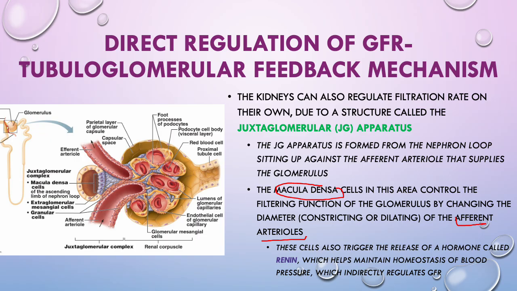Also, these cells are pretty important in the production of a hormone called renin, and we're going to talk about this later, okay? So the direct regulation of the GFR by the tubuloglomerular feedback mechanism is basically the following. The JG apparatus can act directly on the afferent arterioles by constricting or dilating, and then either increasing or decreasing the GFR, okay?